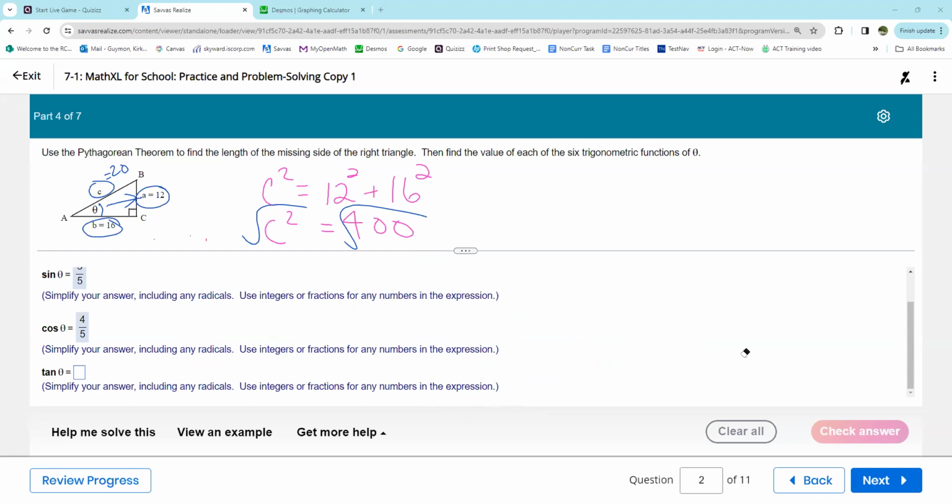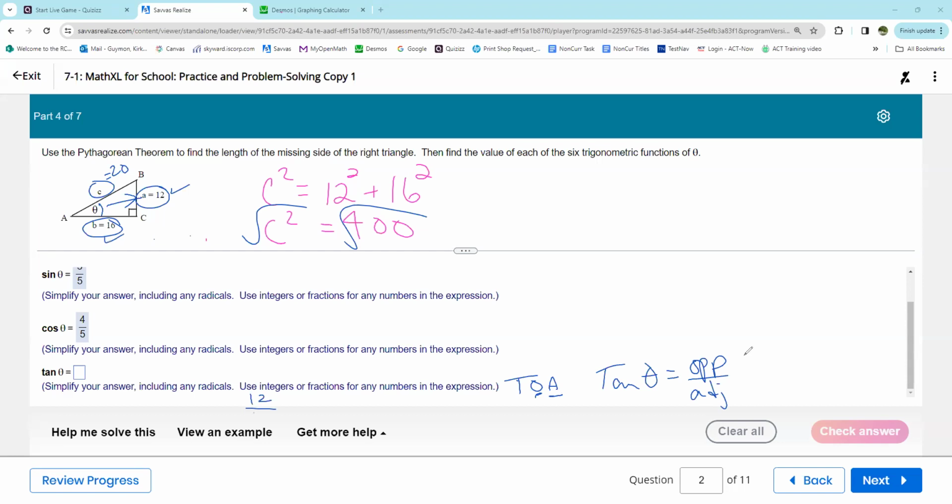So the tangent is TOA. Tangent of my angle equals the opposite, O, over the adjacent, A. And on ours, the opposite was the 12 away from the angle.